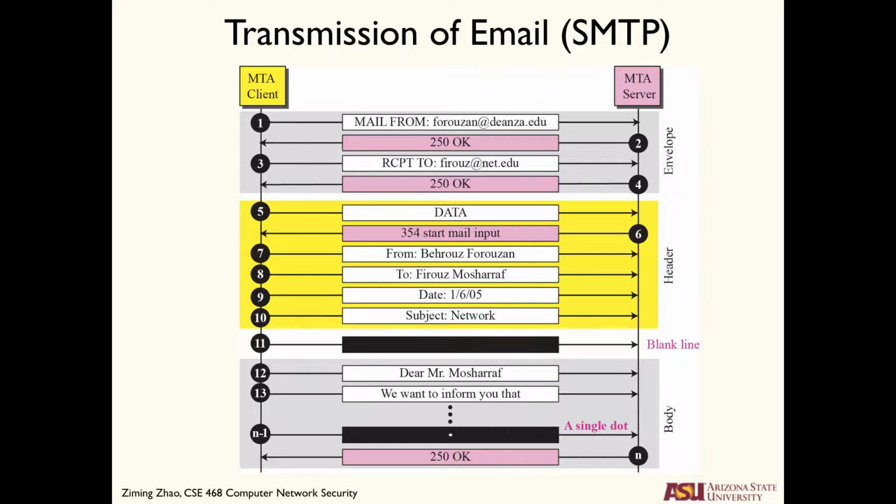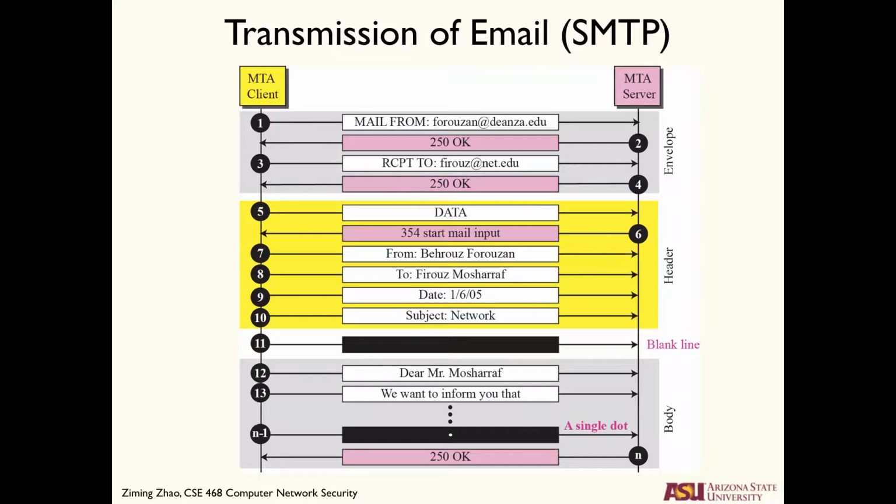So how does it work? How does it send mail? Basically, SMTP is on top of TCP. The mail server that helps you send out email is called the MTA client, and the mail server that receives that email is called the MTA server.